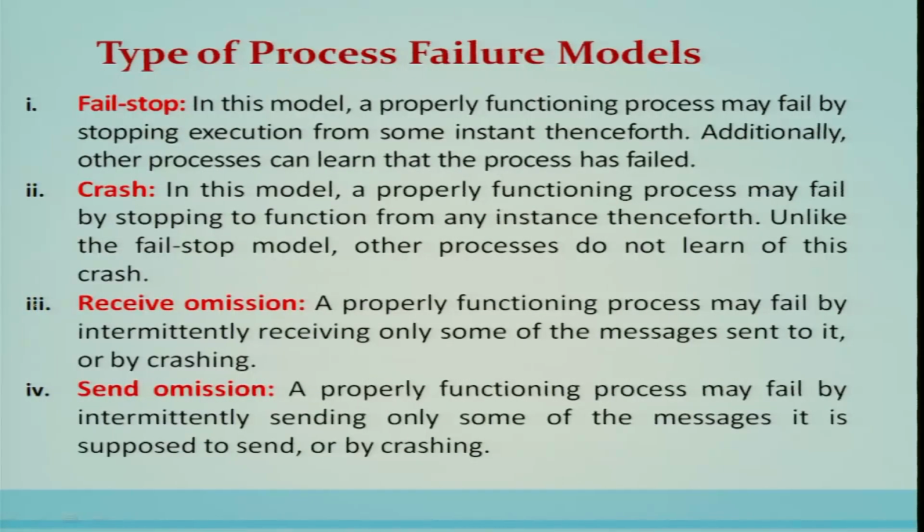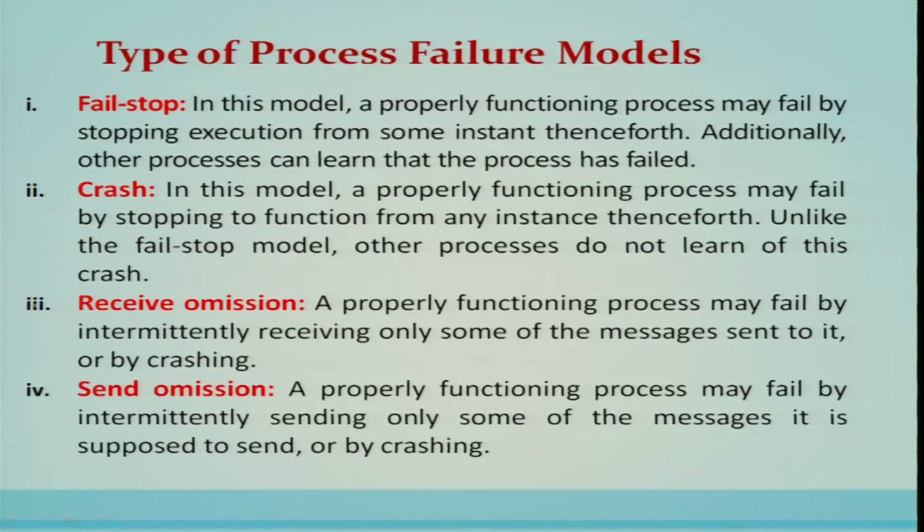The types of failure models. The first type is called fail stop. In this model, a properly functioning process may fail by stopping execution from some instance thenceforth. Additionally, other processes can learn that the process has failed. This is called fail stop.